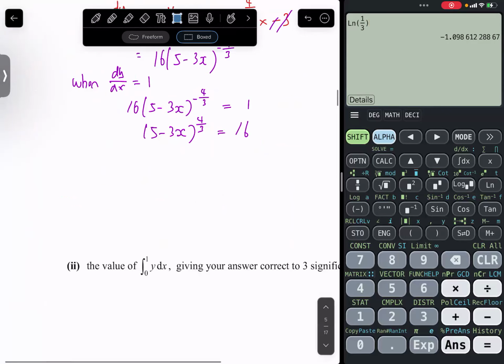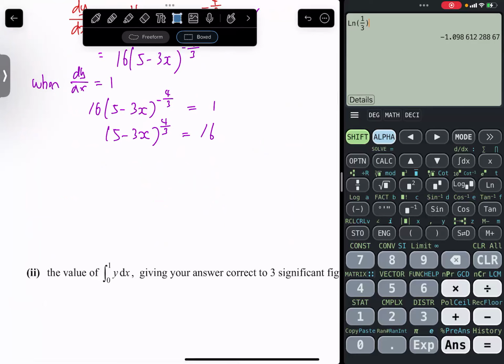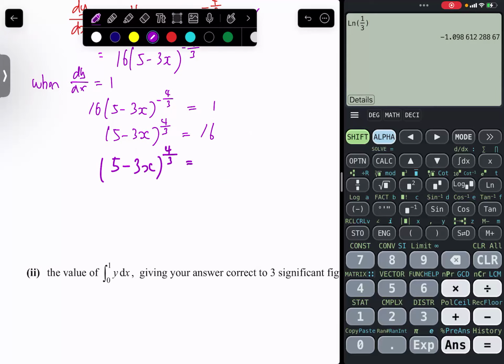Now, to solve this, we can take the root on the other side. 5 minus 3x to the power of 4 over 3 equals 2 to the power 4.